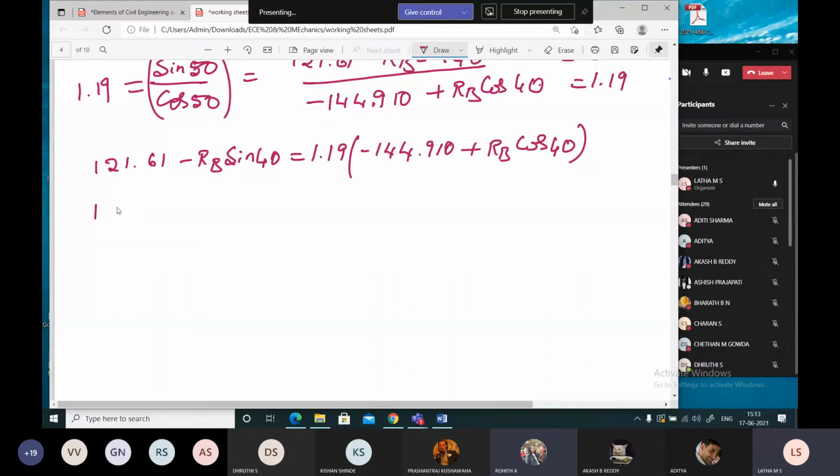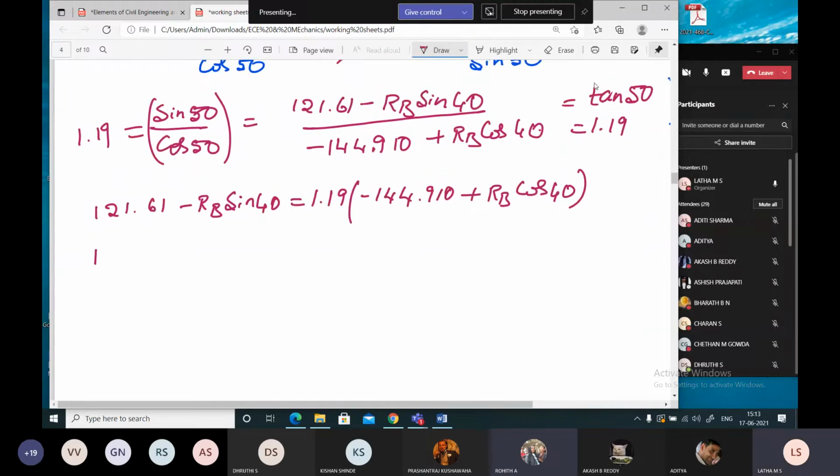Ma'am, instead we can get the form into sin(A plus B), a trigonometric function. If we continue like this we will not get it, because we have only one sin and one cos term.